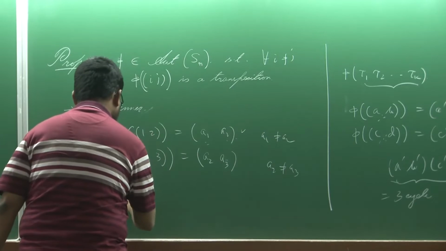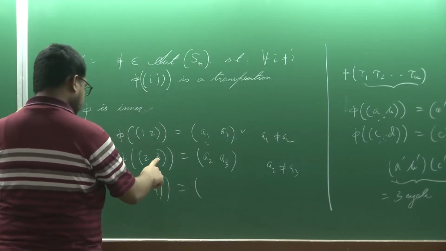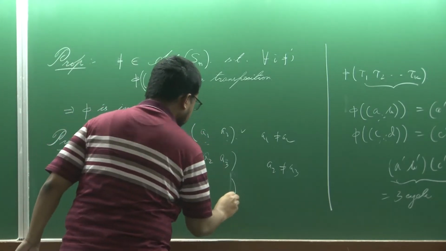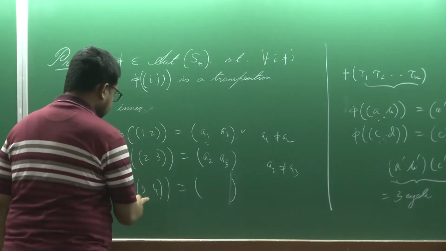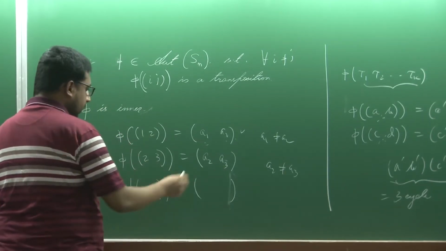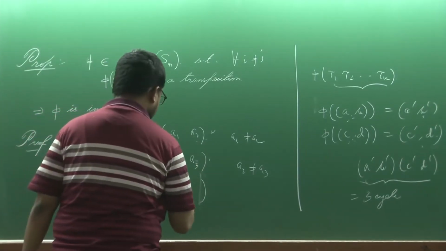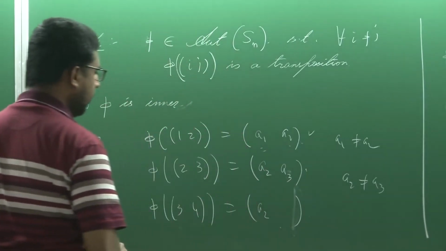Okay. Next, what about (3 4)? The argument goes along exactly similar lines. So, (3 4) and (2 3) are not disjoint, so there will be something in common. Can A2 be the common element?